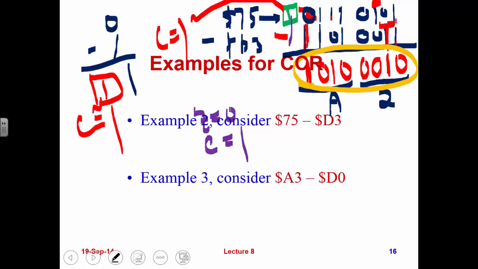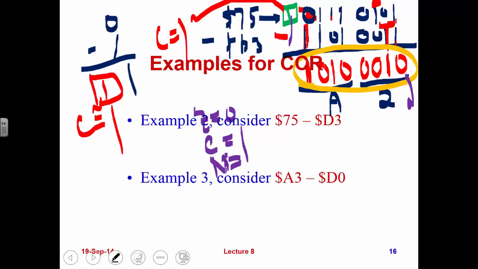How about the N? I mentioned that if the result is a negative number, then that makes N 1. Otherwise, N is 0. N comes from negative, the first letter of negative. Only if after we do subtraction our result is a negative number, then it's 1, that is, if we consider the number as signed.